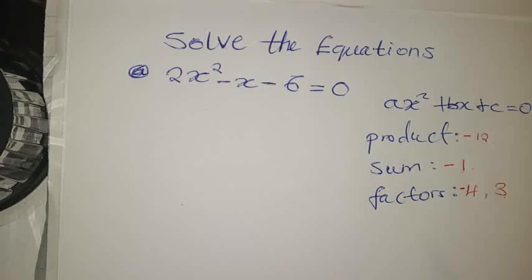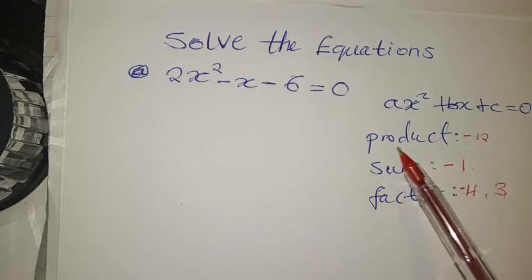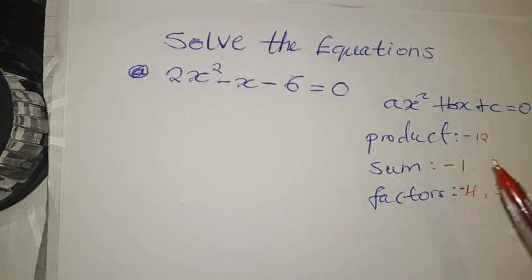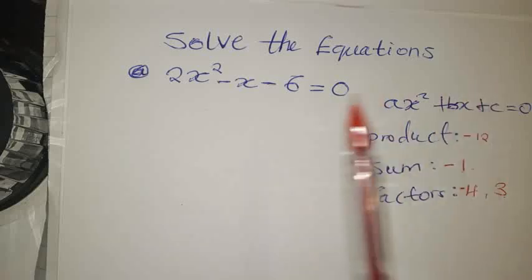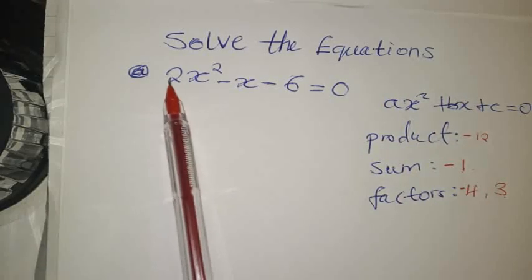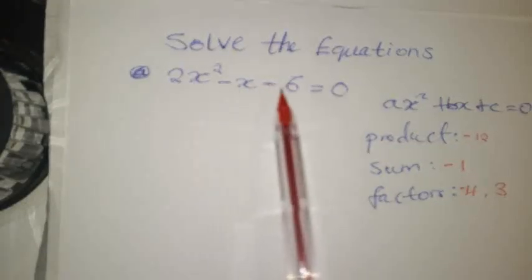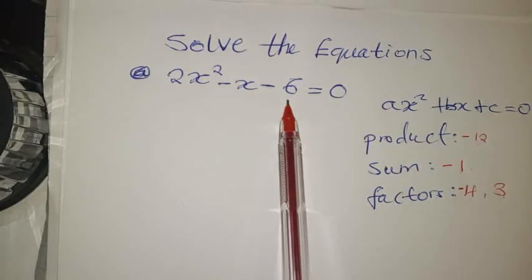Okay, now you're wondering how I found this negative 12. How did we find this product? Product is given when you multiply two numbers. In a quadratic equation, how we find the product is you multiply a, which is 2, by c, which is negative 6.